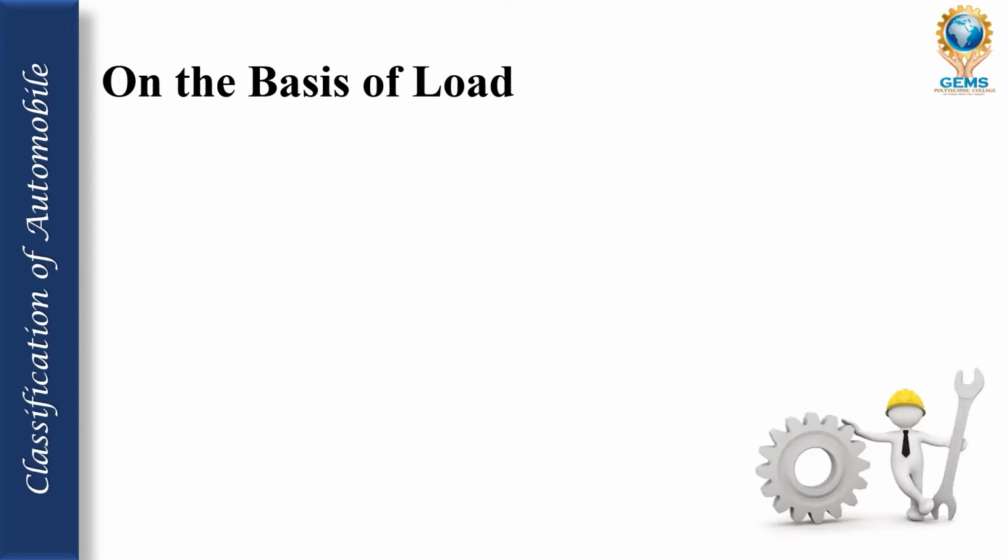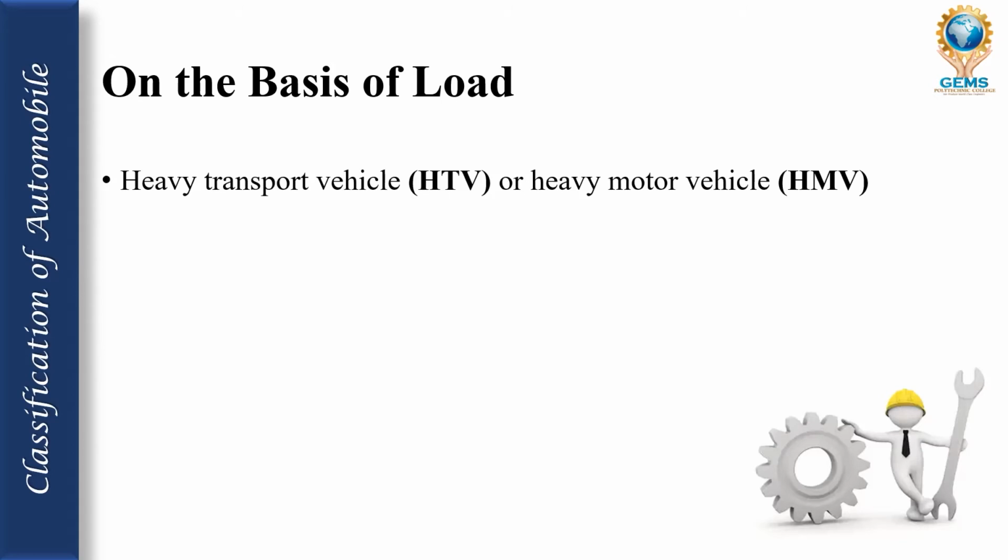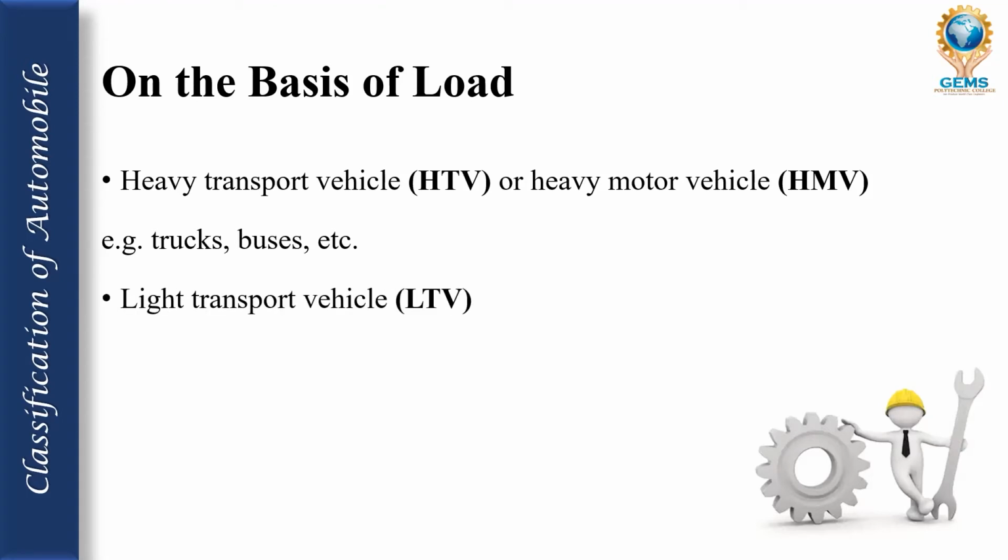On the basis of load, what are the vehicles? I'm showing some pictures of the vehicles. If you see, you can understand. First one is heavy transport vehicle or heavy motor vehicle. Examples are trucks and buses.